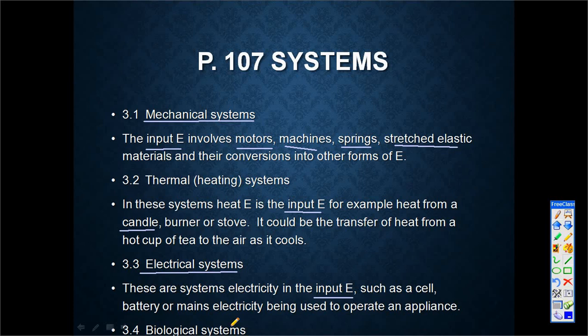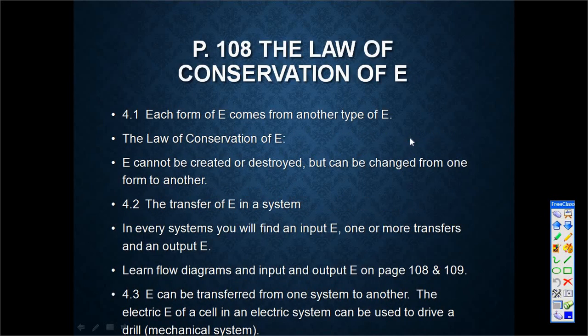A biological system is a system where the input energy is plants that are being eaten by animals, for example, a food chain. That is a very good example of a biological system. And so these are our 4 kinds of systems that we find in NS.